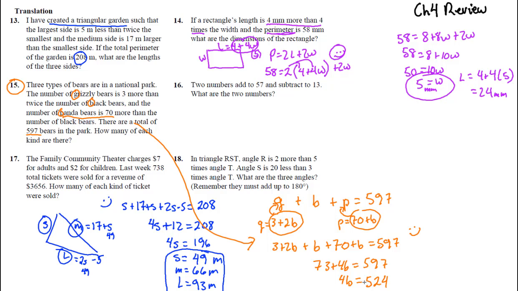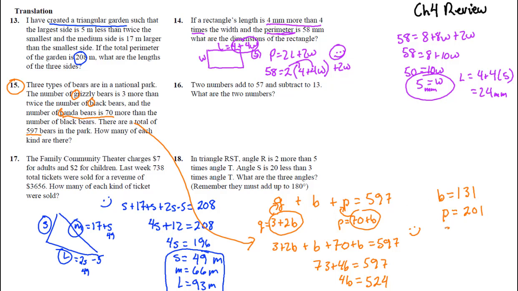Good. Okay, so let's take 524 divided by 4, and we get the number of black bears is 131. Let's double check that. 524 divided by 4, 131. Yes, 131 black bears. So if we stick that in, the number of panda bears then is 70 plus 131, so that's 201 on the pandas.